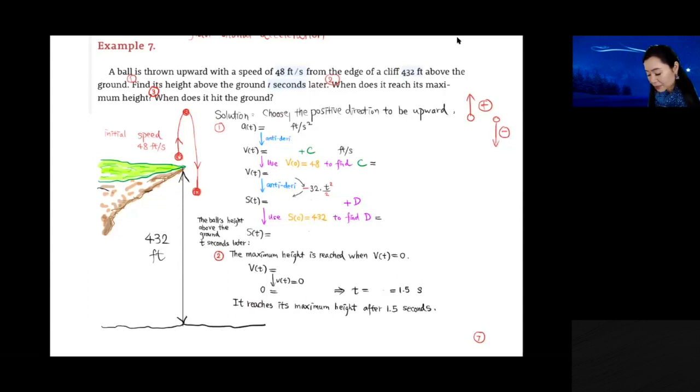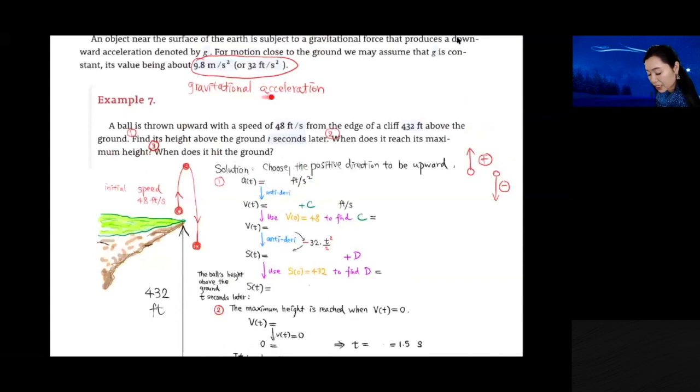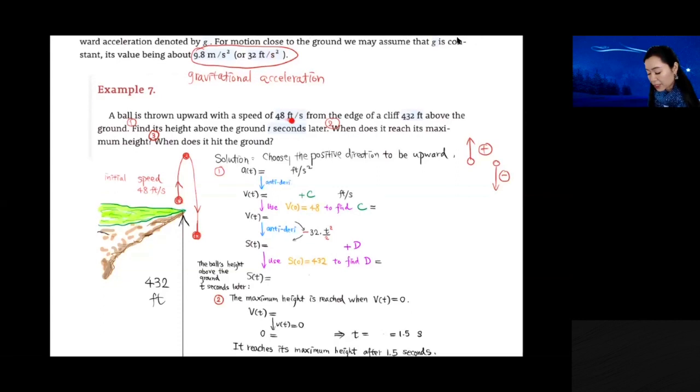Well, what do we know? We know the gravitational acceleration. It is 9.8 meters per second squared, and in the United States we use feet, so it's equivalent to 32 feet per second squared. Over here they're using feet, so for the gravitational acceleration we're going to use 32 feet per second squared.